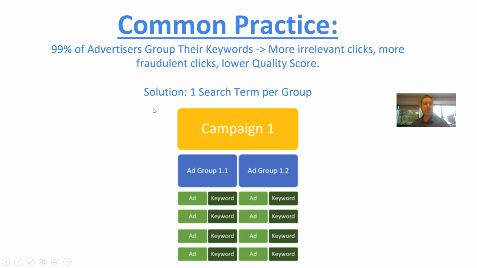So I don't want to bore you with all the details here, but just a little bit more information for you. 99% of advertisers group their keywords, and that means that there's more irrelevant clicks. Like I mentioned earlier, they're creating one ad and they're not doing the work of going through and creating an individual ad for every single key phrase or keyword search.